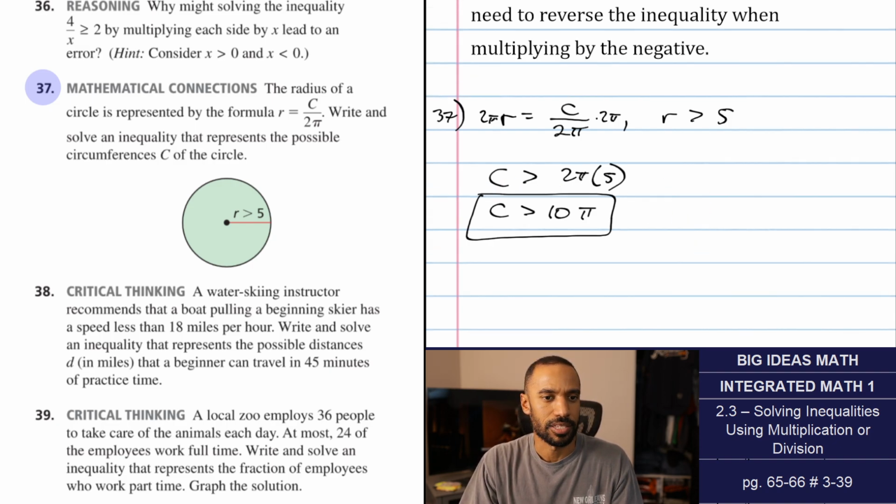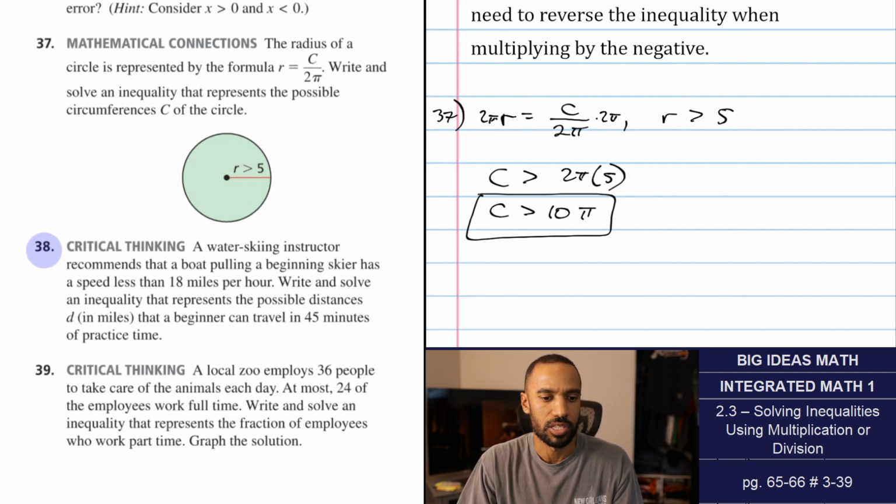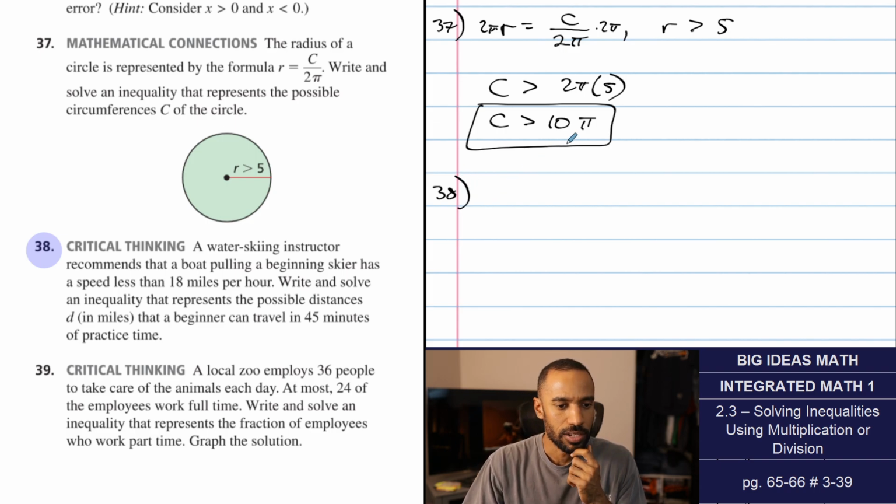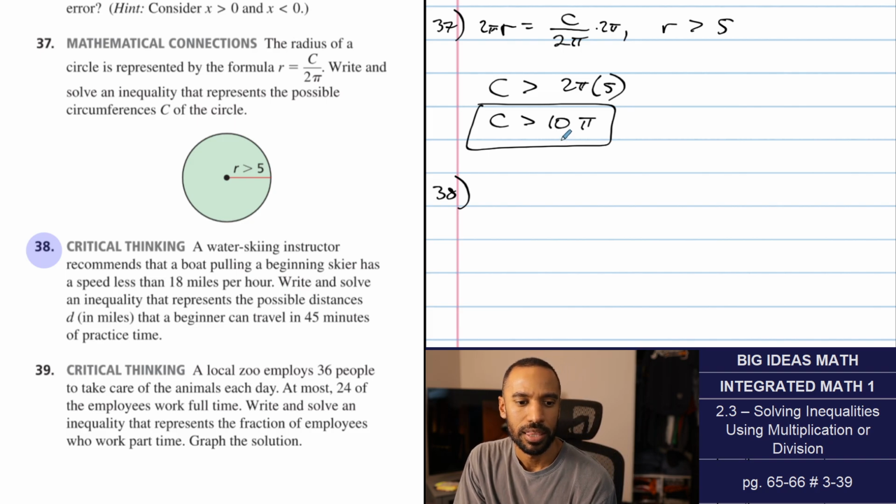Okay, number 38, critical thinking. A water skiing instructor recommends that a boat pulling a beginning skier has a speed less than 18 miles per hour. Write and solve an inequality that represents the possible distances d in miles that a beginner can travel in 45 minutes of practice time.